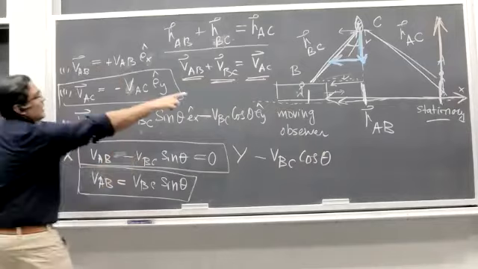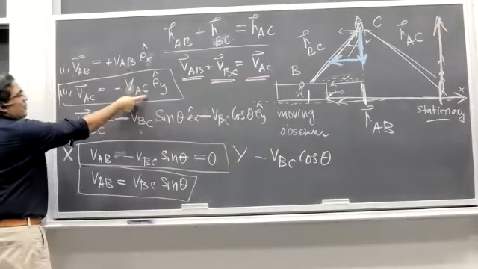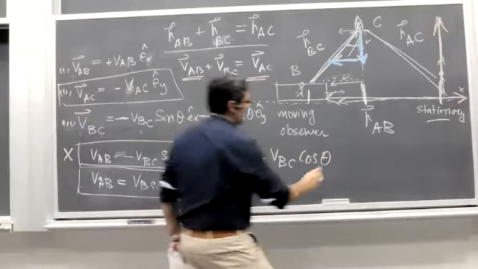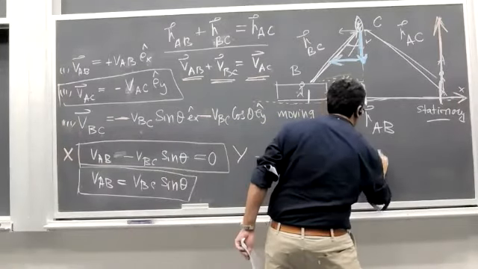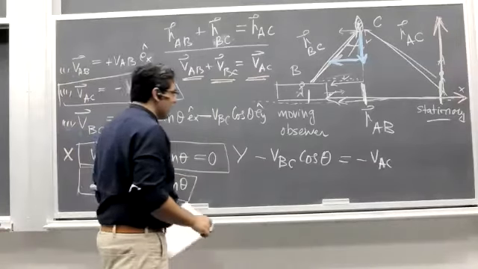And then on the other side of the equation, VAC has a y component, minus VAC y-hat. Right? Okay.